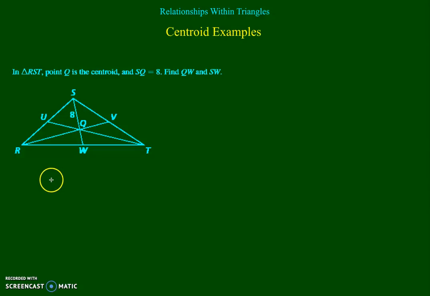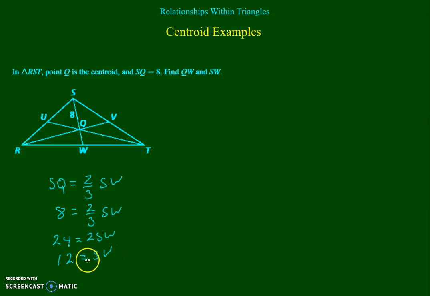SQ is 2/3 of SW, and since SQ is 8, 8 is 2/3 of SW. If we solve for SW, multiply by 3, so 24 equals 2 SW. Divide by 2, 12 equals SW. Since SW is 12 and SQ is 8, QW has to equal 4.